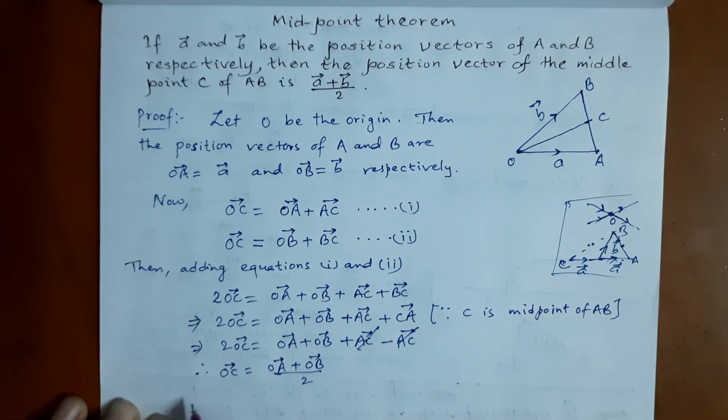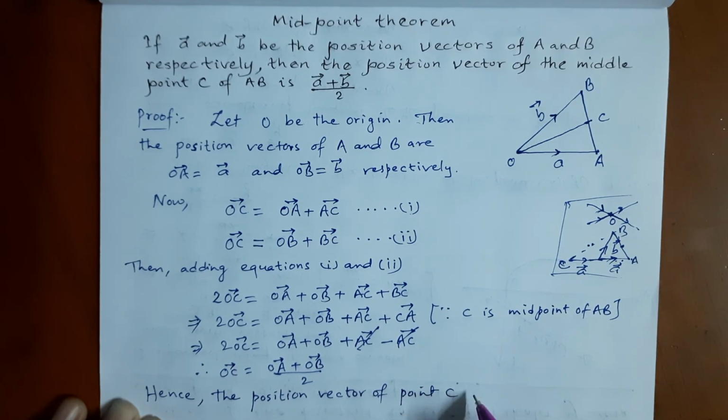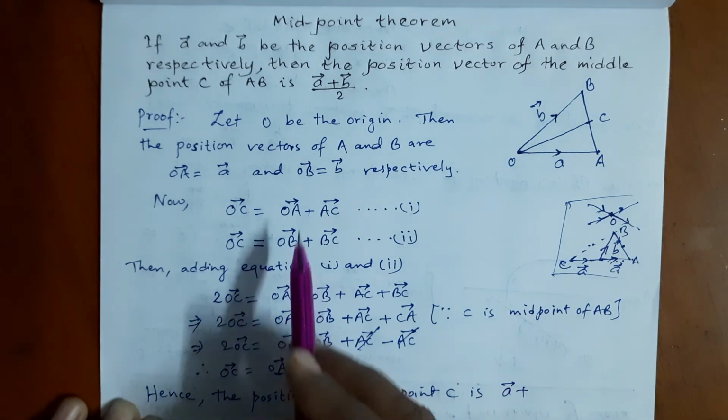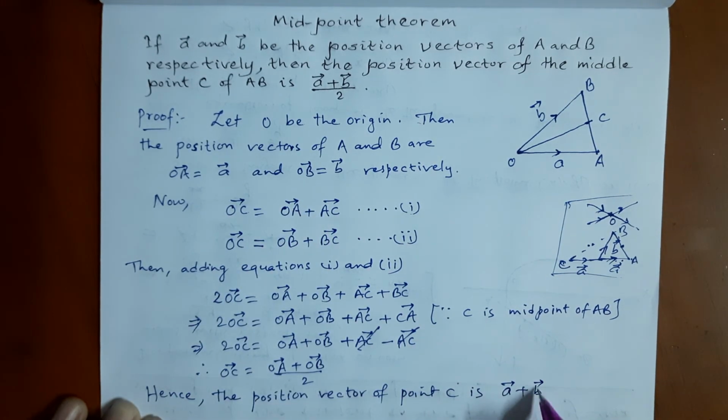Hence the position vector of point C is, here the OA vector is vector A, so vector A plus OB vector, which is vector B, over 2.